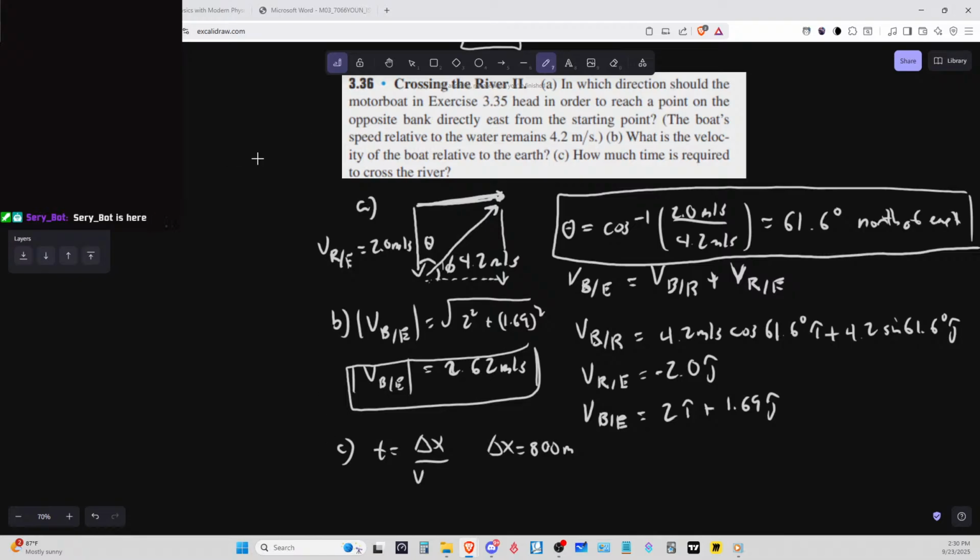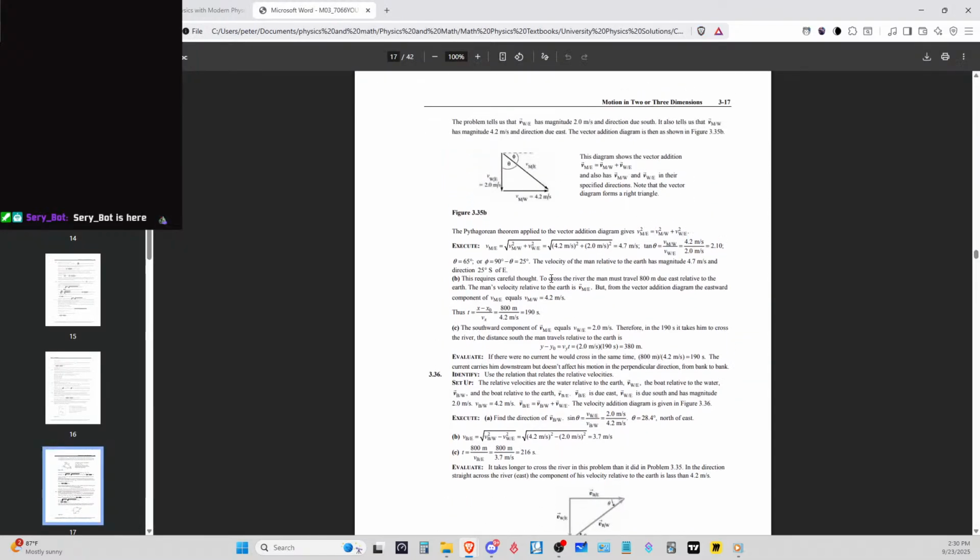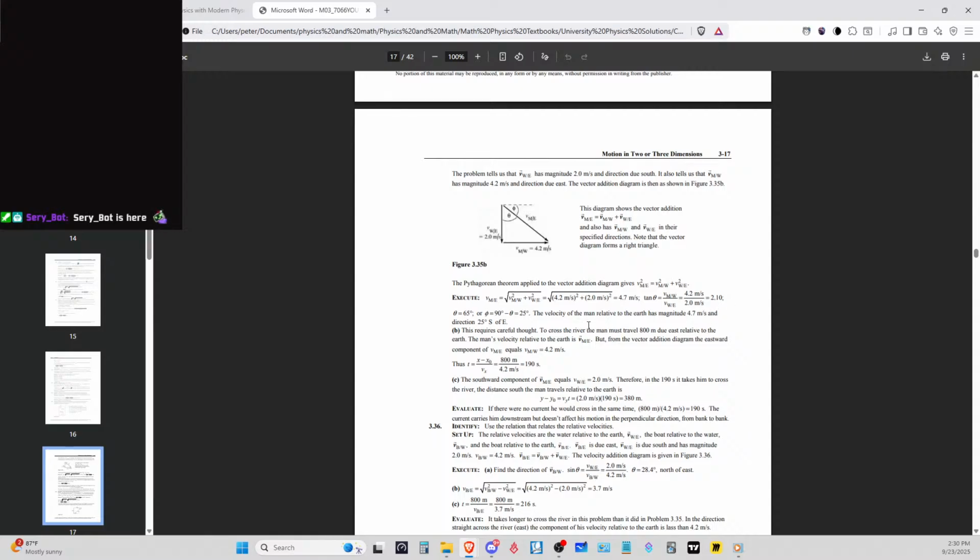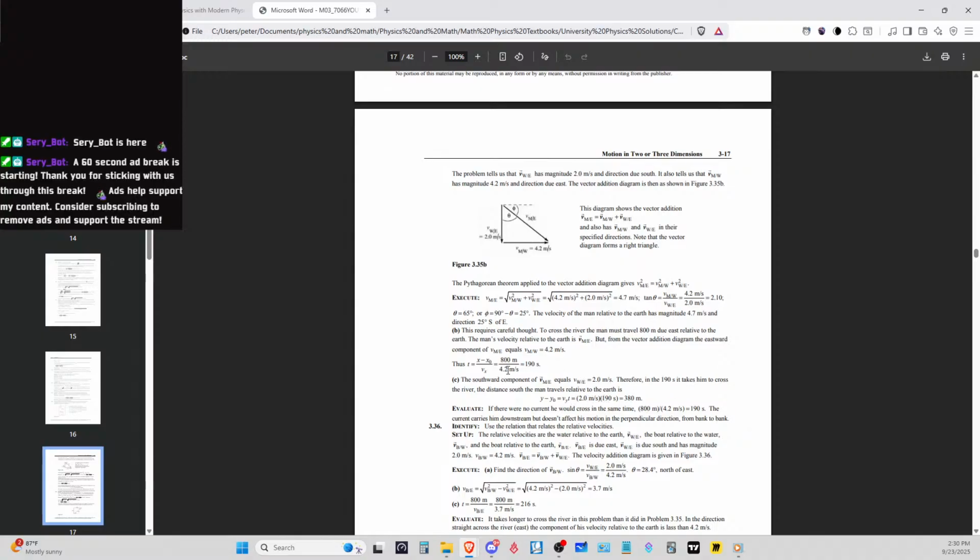Because actually, why did we have to do it from, let's see, southward? That's how south it goes. Now, okay, this requires careful thought.